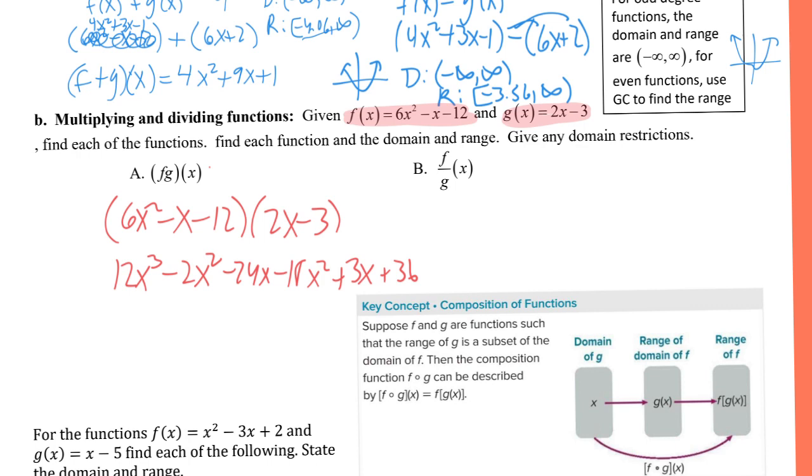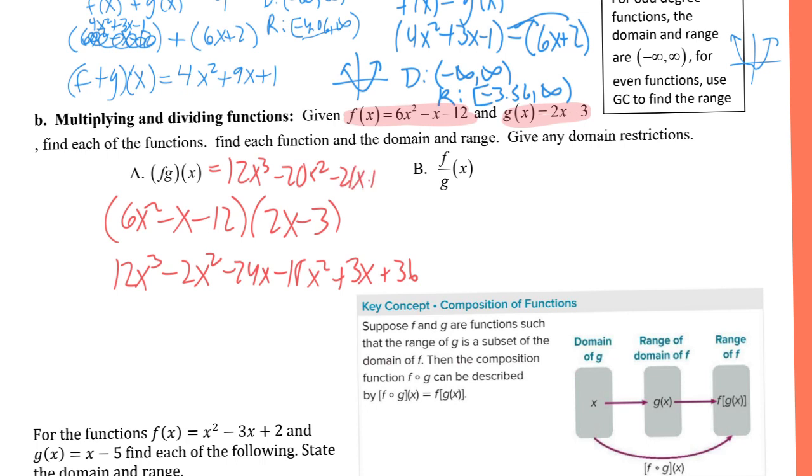So f times g of x is going to be 12x cubed, minus 24x. Oh, lies. Okay, rewind the ship. Let me get rid of that. Okay. What is this going to be? Minus 20x squared. And then it's going to be minus 21x.